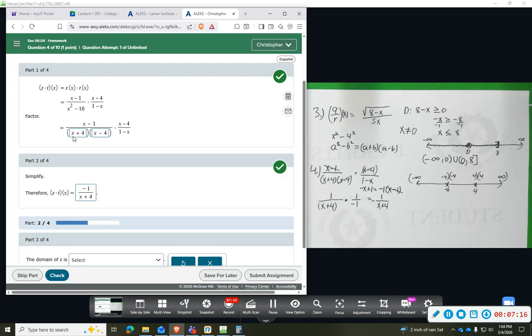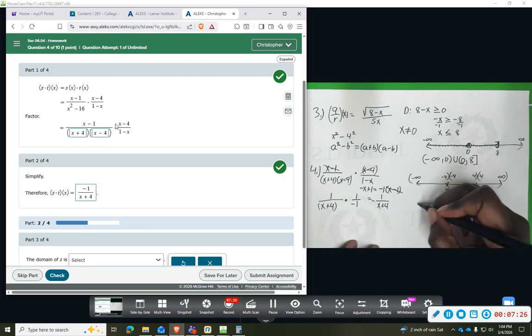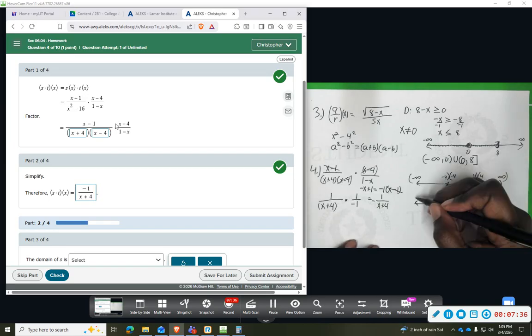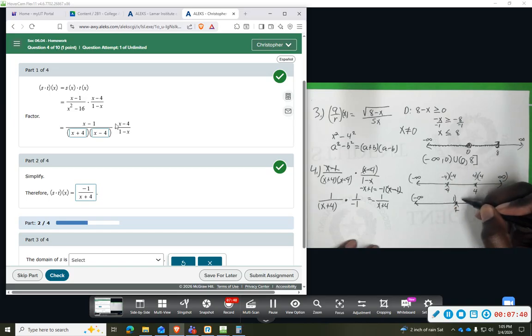Look for S, and then for T, we cannot use x equals positive 1. So positive 1, remove that point, and split your number line into 2 sections, negative infinity to positive 1, and then the other side of positive 1 to infinity.